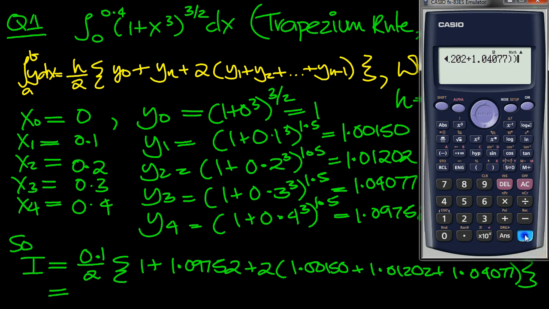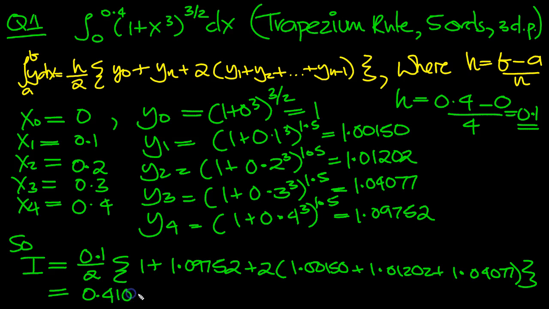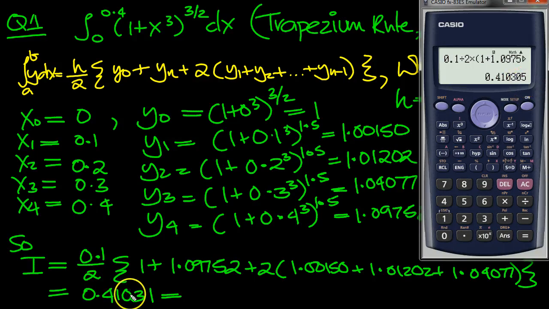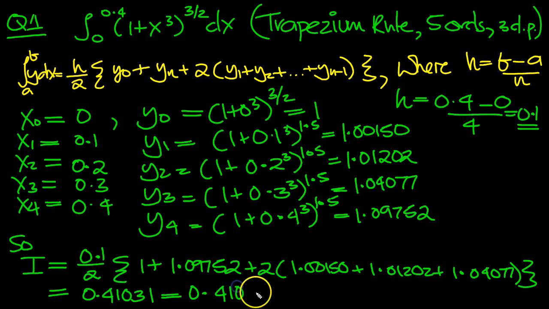Close the 2 brackets, press equals. 0.41031, isn't it? 0.41031 if we're doing it to 5dp. We're rounding to 3dp, so we're only concerned about 0.410 to 3dp. So this stuff here is not really necessary, so we can get rid of that to avoid any confusion there. And there's our answer, 0.410.